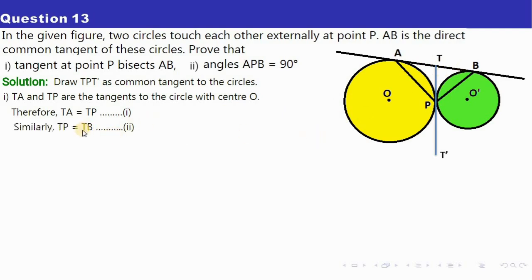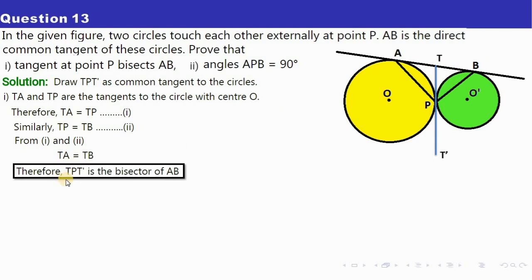Let me call this equation 1 and this equation 2. Since TA equals TP and TB also equals TP, from 1 and 2 I can say that TA and TB are equal to each other. This means that this line is bisecting the line AB. That's why I say that TPT dash, the tangent, is the bisector of AB. That's what we need to show for the first case.